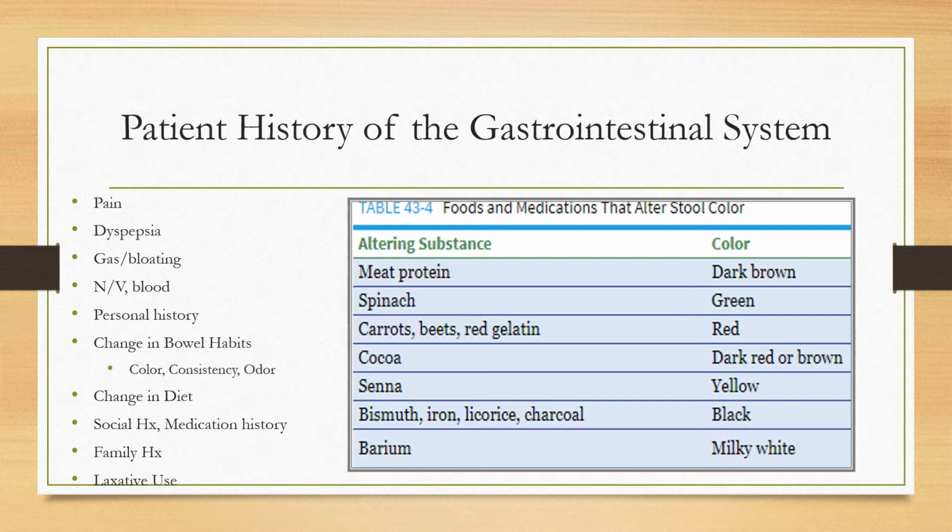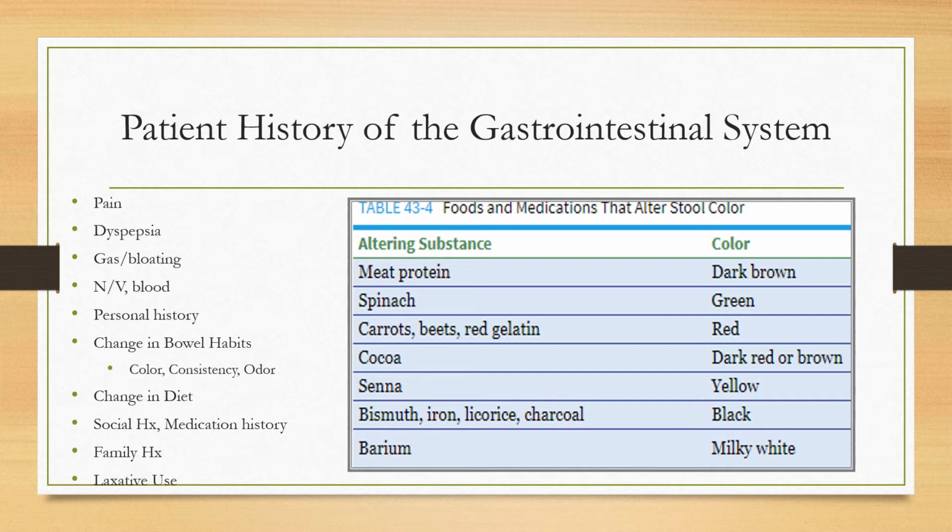Personal history. Do you have a past medical history of anything to do with your abdomen? Do you have ulcerative colitis? Do you have Crohn's disease? What's your surgical history? Do you still have your gallbladder? Do you still have your appendix? Okay, so anything to do with past medical history of their abdomen.